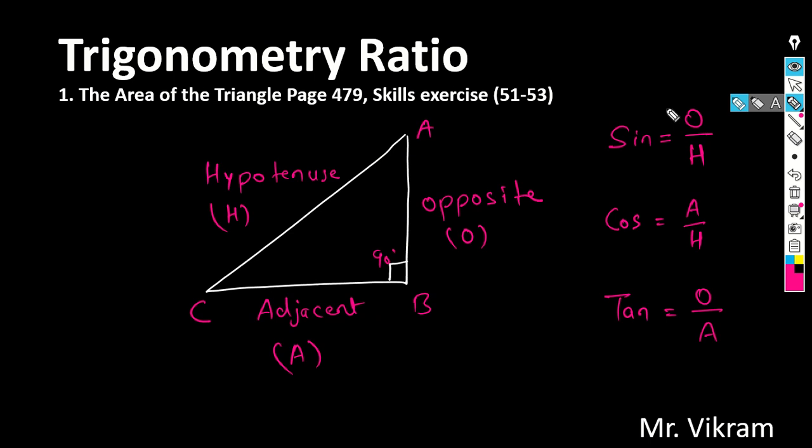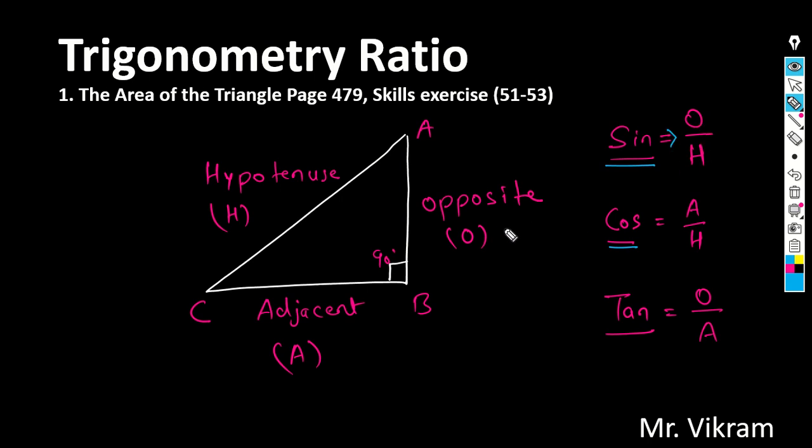So first we need to remember the formulas for sine, cos and tan. What are these three terms? They are called trigonometric ratios. So sine is equal to opposite over hypotenuse.